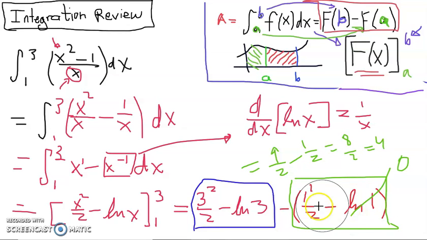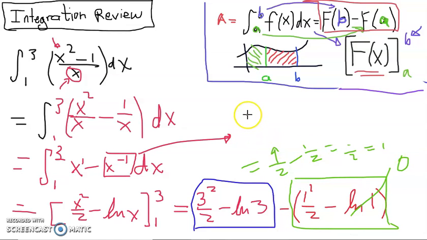So in the end, what we get is 4 minus the natural log of 3. And this part didn't matter because it was 0. And we can get a decimal approximation for that, but that's the final answer.